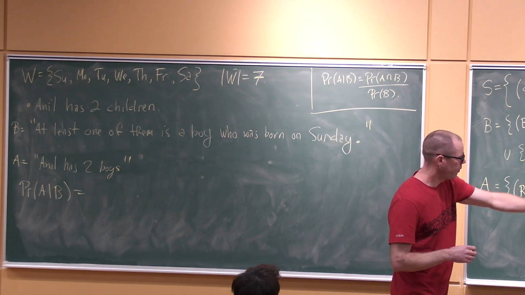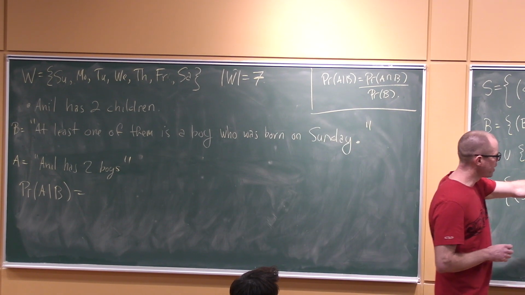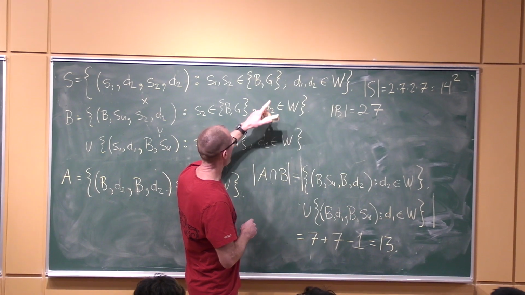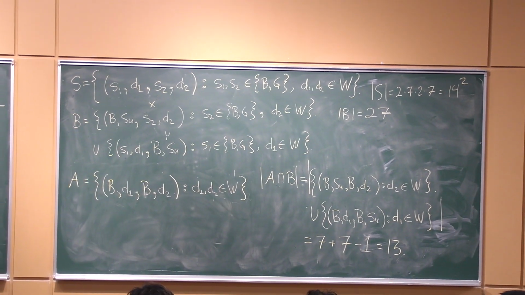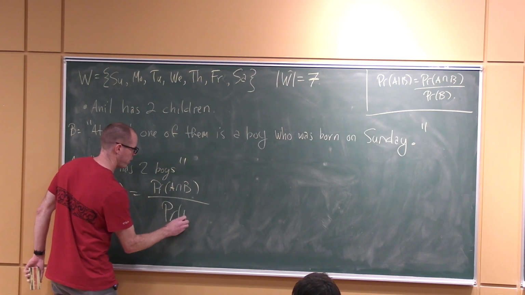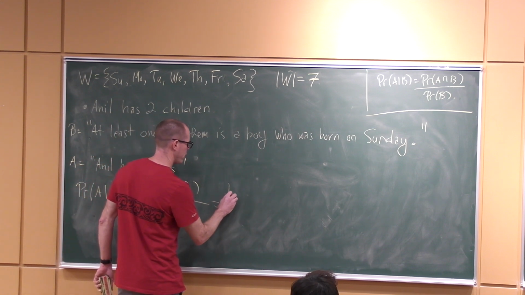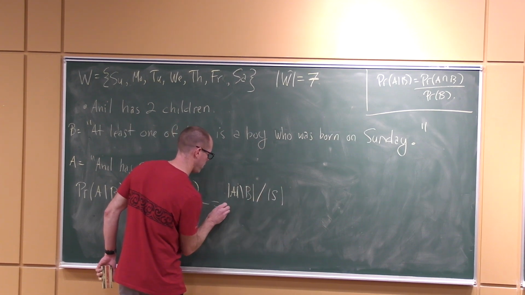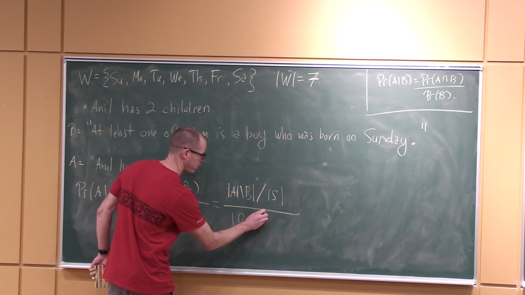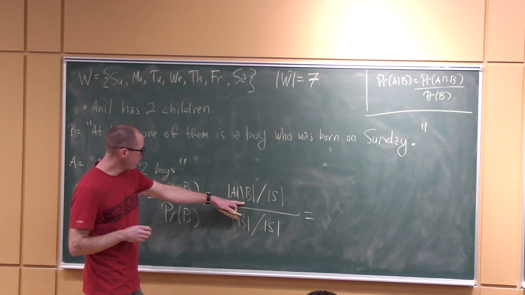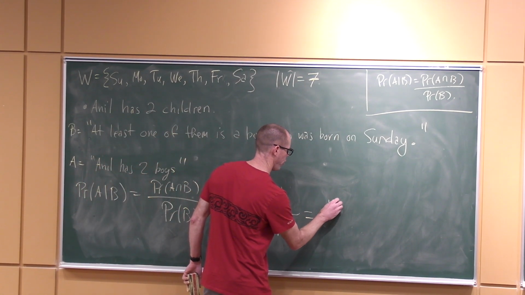Probability of A given B. So probability of A intersect B is, we need to know the size of A intersect B, and we have to divide by the size of S. So that's going to be the probability of A intersect B divided by the probability of B, which is equal to the size of A intersect B over the size of S, divided by the size of B over the size of S. A intersect B is 13.